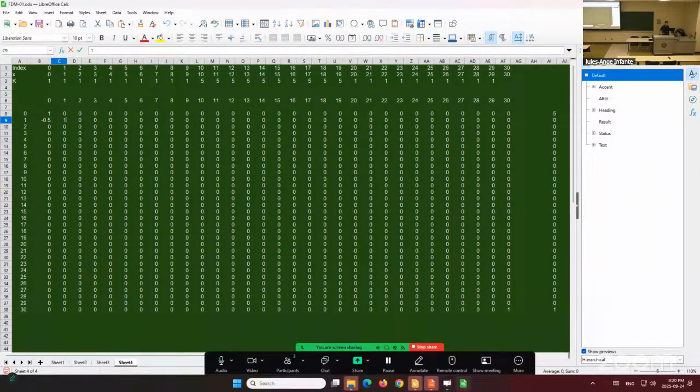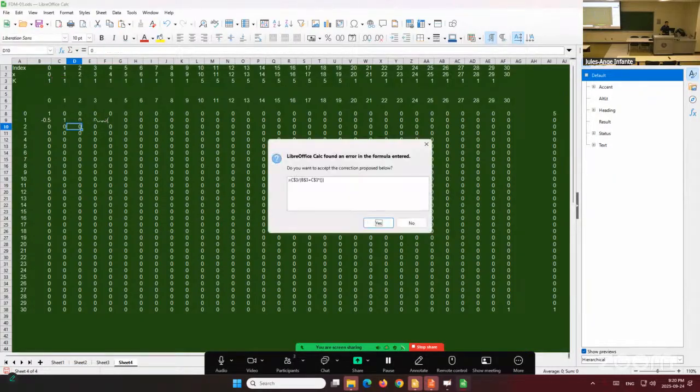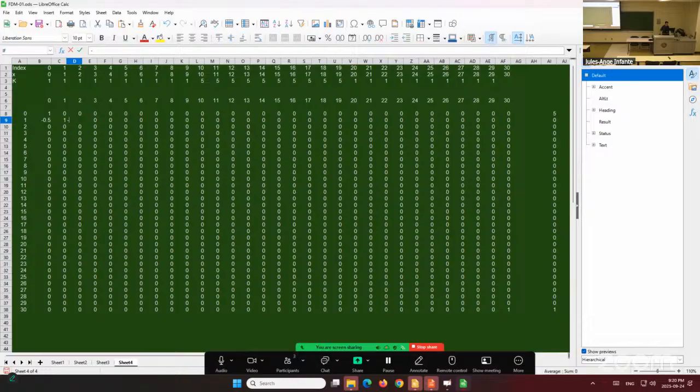And then we have 1. Then we have the k after, again we fix the row, divided by the sum of those two.